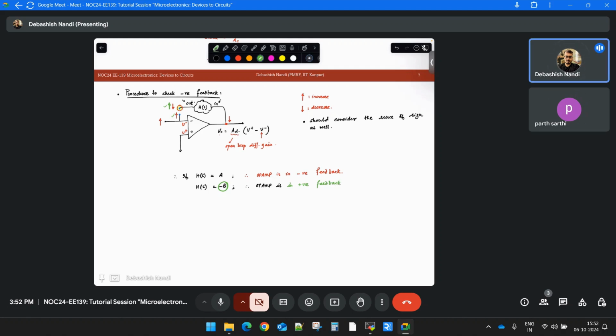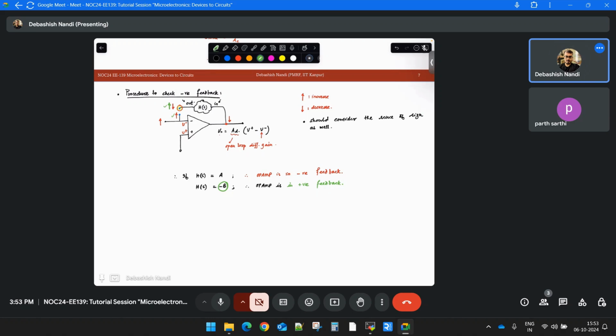So don't blindly trust that if the inverting terminal of an op-amp is connected to feedback, then it is negative feedback. That is not always true, because what is connected in your feedback path, the beta, is very important. If beta has a negative gain, then the sense of feedback gets doubled, that means negative of negative feedback, which gives you positive feedback.